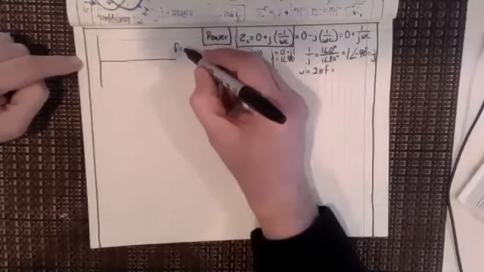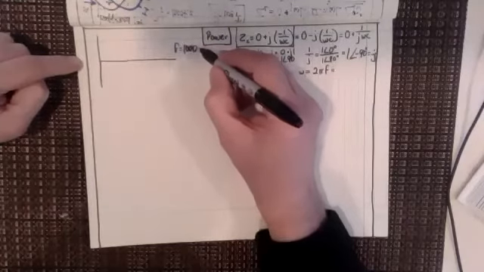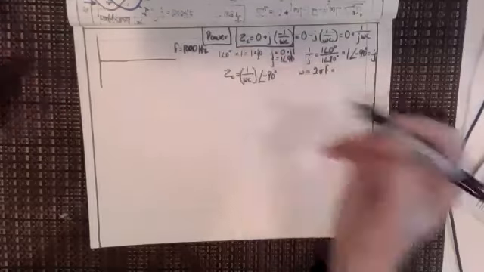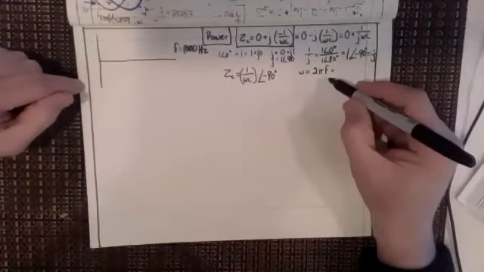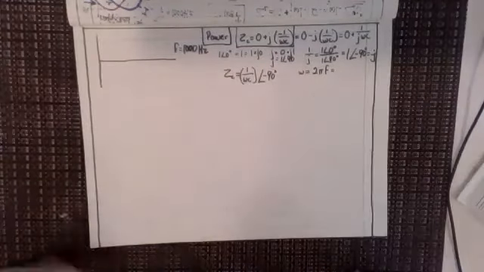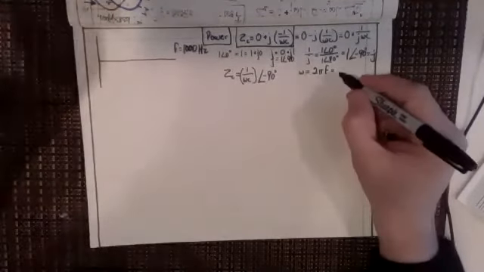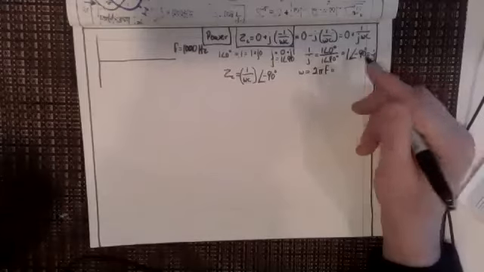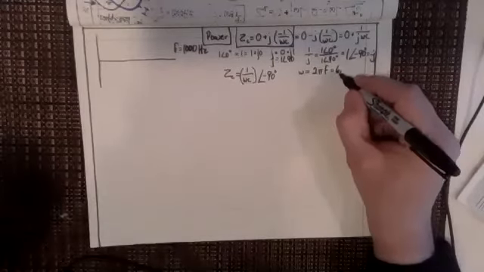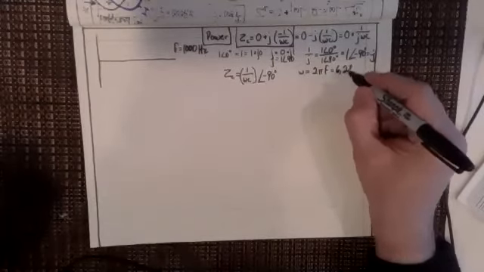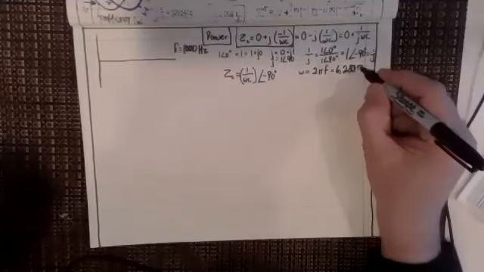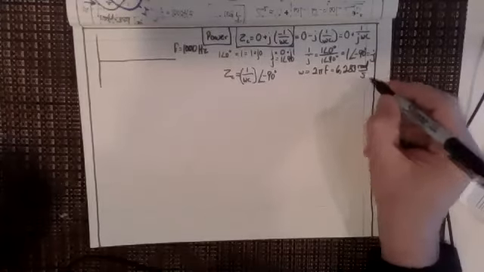So let's say that the frequency of this waveform is 1,000 hertz, which is cycles per second. And 2 pi, of course, times that. We've got the same thing. 2 pi times 1,000 is going to be 6,283. So 6,283 radians per second, right?